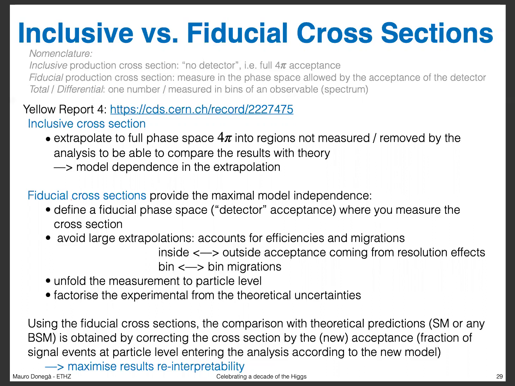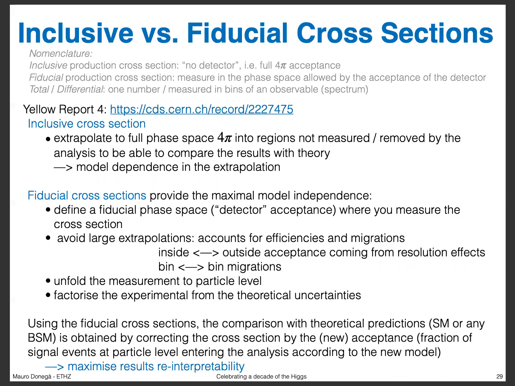You typically do this extrapolation because theory predictions are computed in 4 pi, in full phase space. So, in a situation without a detector that puts any acceptance, that makes the comparison possible. But because you're doing the extrapolation, you have to plug in some assumption to extrapolate, and that brings in a model dependence.